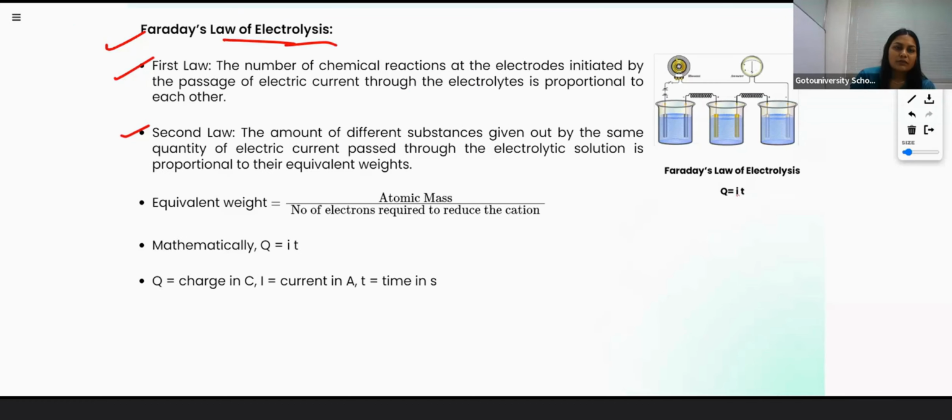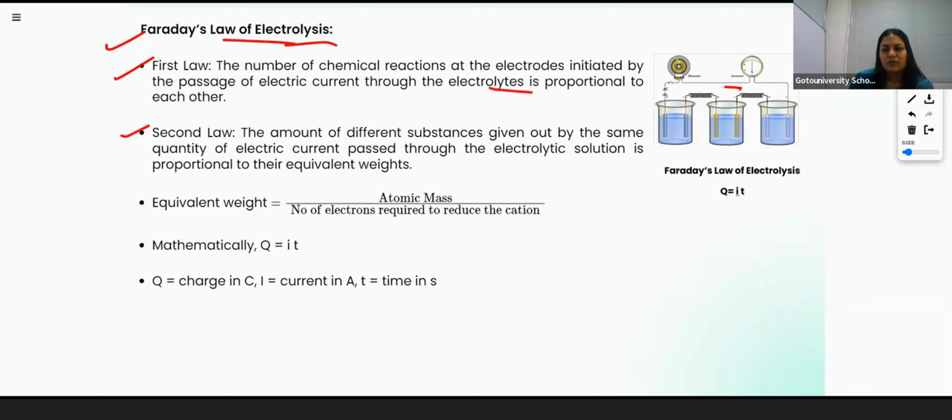So what is Faraday's first law? It states that the amount of chemical reaction taking place at the electrodes, initiated by the passage of current through the electrolyte, is proportional to the charge.